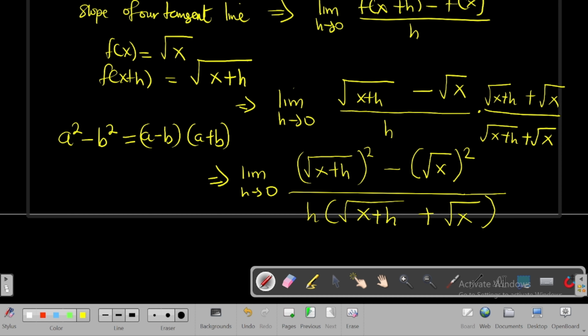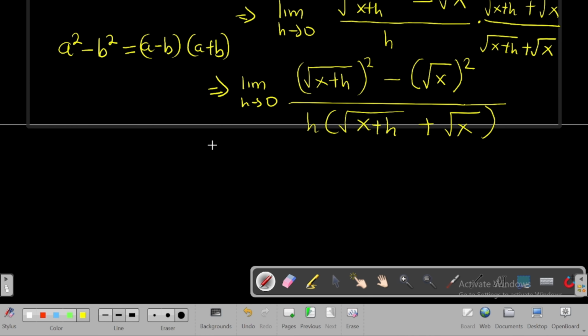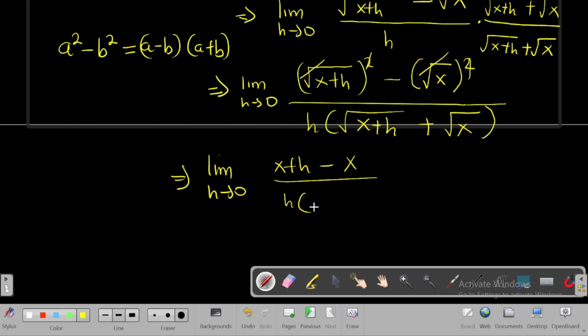Right, so from here we can see that limit as h approaches 0 will be this cancels this, and then you come and get x plus h minus this cancelling this, come and get x, all over h into bracket square root of x plus h plus the square root of x.